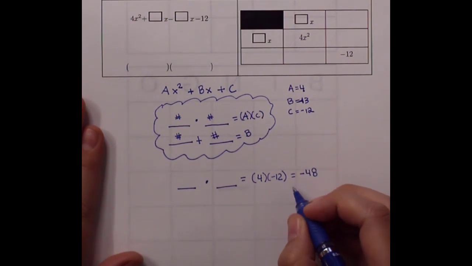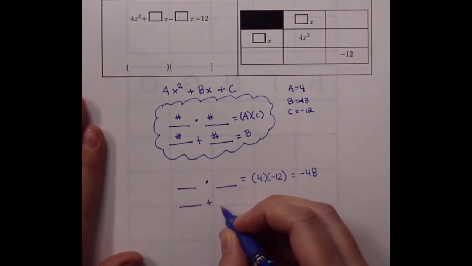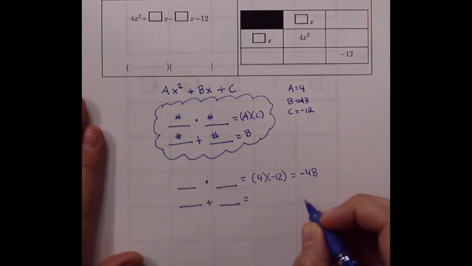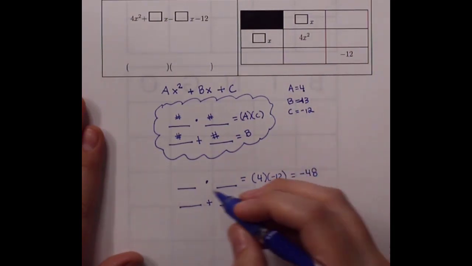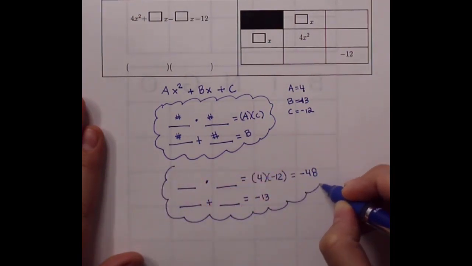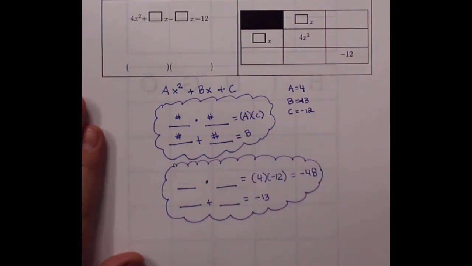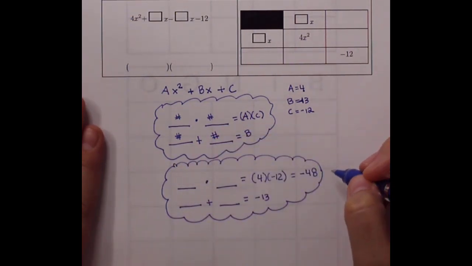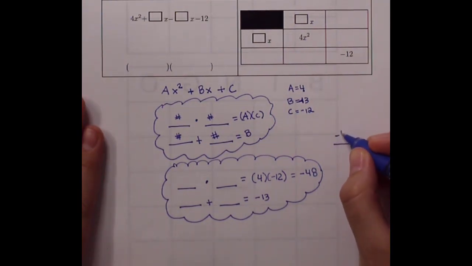And then when I add those numbers, I must get b, and b is negative 13. So this is what I'm looking for: 2 numbers that make this happen. So what are they? I'm going to give you a list of the numbers that make negative 48 as multiplication goes, and then you can tell me which ones to pick.